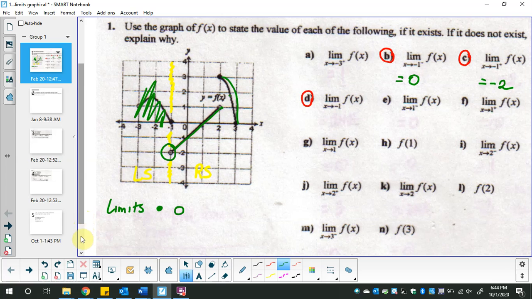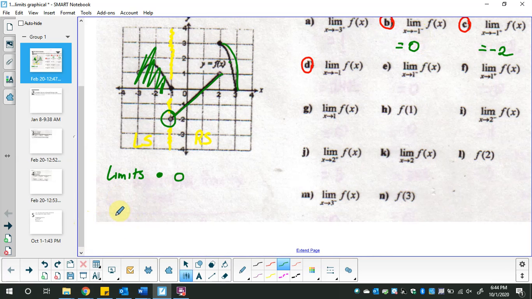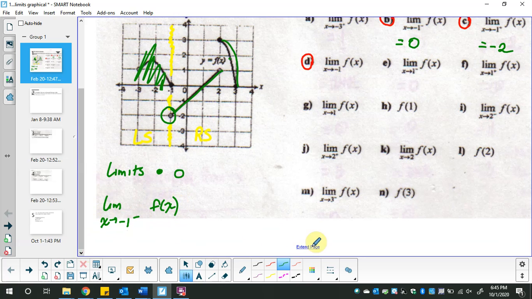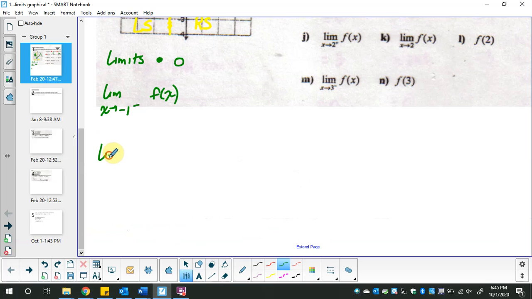So let me just write down what this notation means. This is the limit as x approaches negative 1 from the negative, or left, side of f at x, versus the limit as x approaches negative 1 from the right side of f at x, or g at x, or whatever else I could give you.